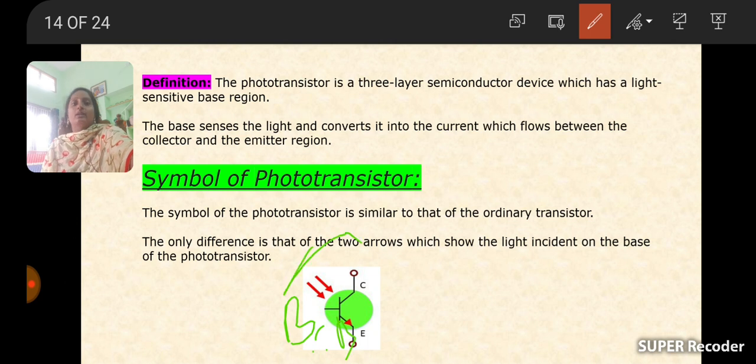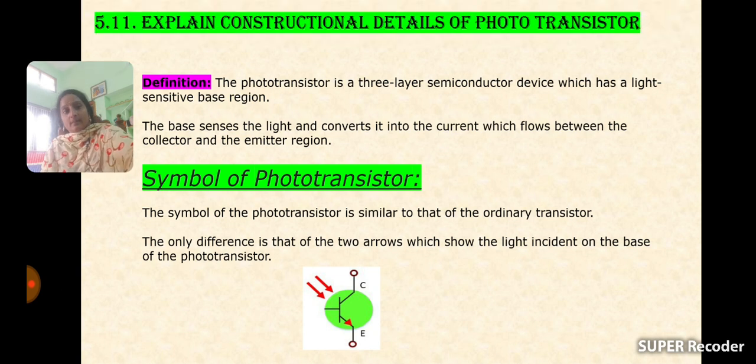But the collector-base junction is in reverse bias condition, so there we expose the light. See the slide, the arrows here indicate what? Light incidence on the base of the transistor, where we apply the light across the base.